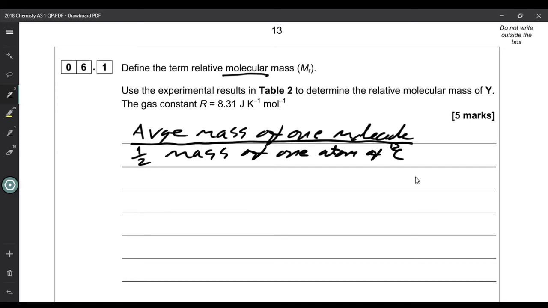So the procedure we're going to use is the ideal gas law. We know that the number of moles is PV over RT.